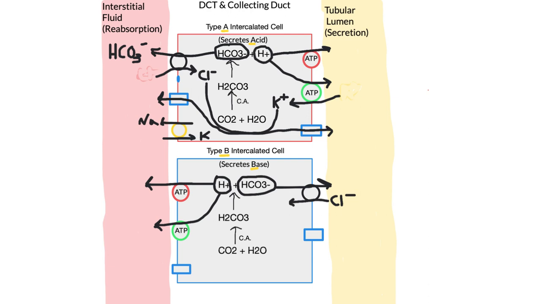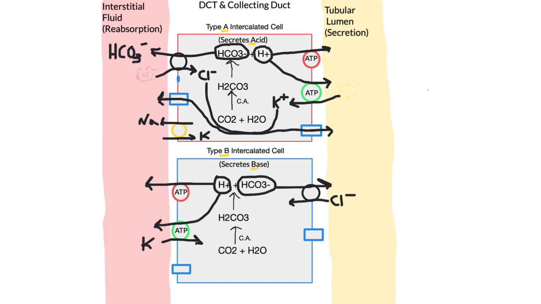Our hydrogen transporters are also the same as they were in the type A cell, except they're on the opposite side. Now that they're on the basolateral side, we can reabsorb our hydrogen. So our first transporter in red is our hydrogen ATPase, and our green one is our hydrogen potassium ATPase.